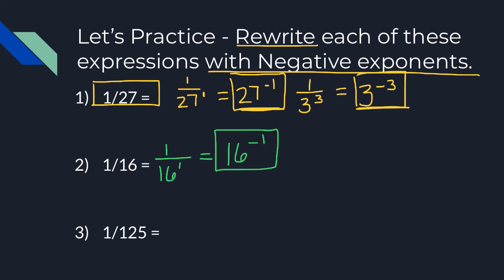All right, for those of you with really good number sense, if I want a 16 on the bottom and I want to use an exponent, I could say that's 4 squared. 4 squared is 16. In that case, I would bring the 4 up and reapply the negative to my exponent. Or 16 could also be found by taking 2 to the 4th power. 2 to the 4th power is 16.